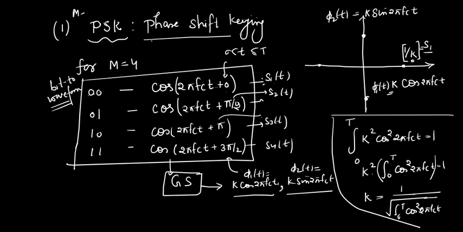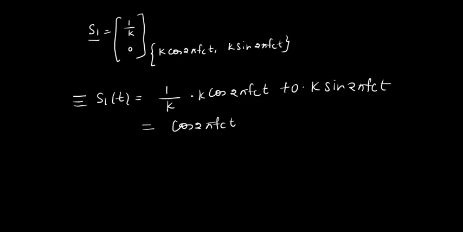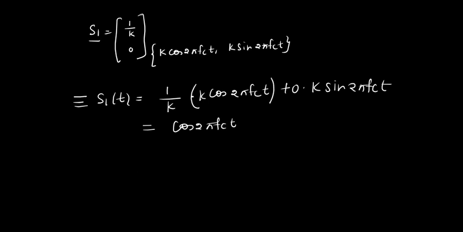What will be the S2? Can you please tell how you got 1 by k through integration? No no, what is S1T? It is cos 2 pi FCT. And what should be the value here to make it cos? 1 by k.